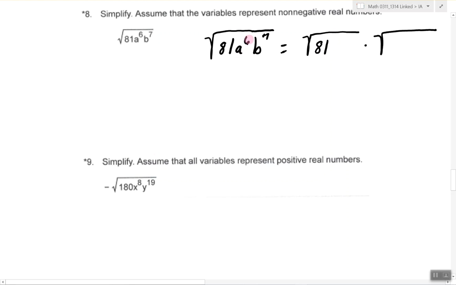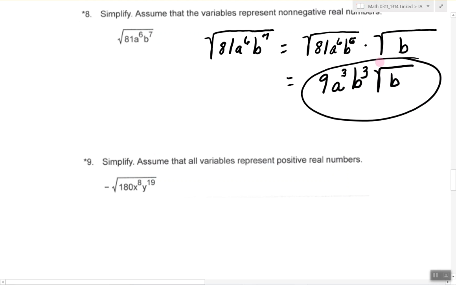A to the 6th is a perfect square because its exponent is even. B to the 7th is not. But if I take 1 b away, that will leave me with b to the 6th. Now, this radical contains a perfect square. This has the leftovers. I have 9, a to the 3rd, b to the 3rd, times the square root of b. And that is the simplified form.